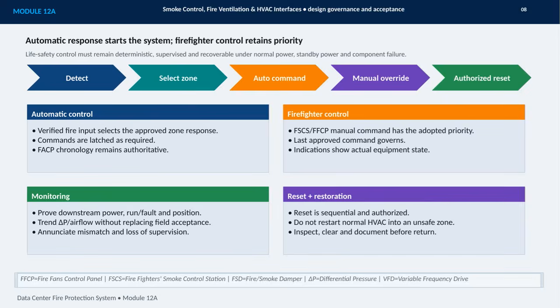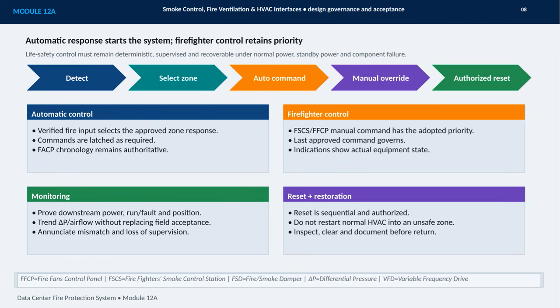This module defines the control sequence and governance for smoke control, fire ventilation, and HVAC interfaces. The central principle is automatic response starts the system, but firefighter control retains priority. The sequence begins with detection, followed by selection of the approved zone, an automatic command, manual override when authorized, and finally an approved reset.